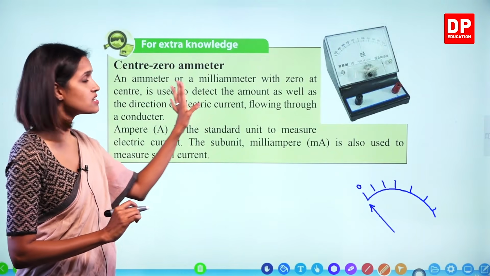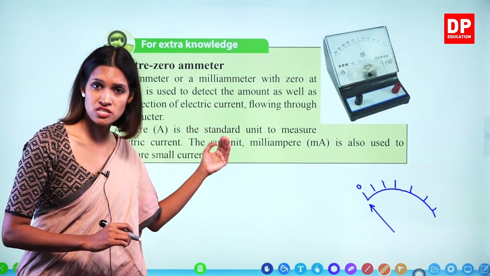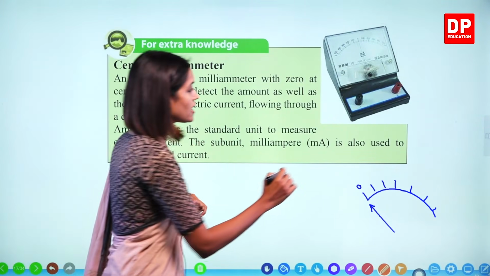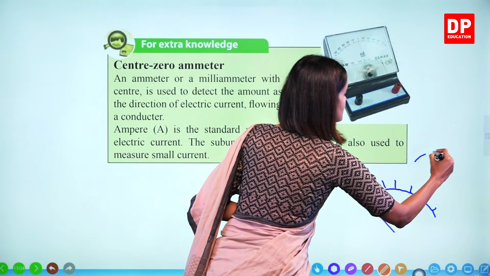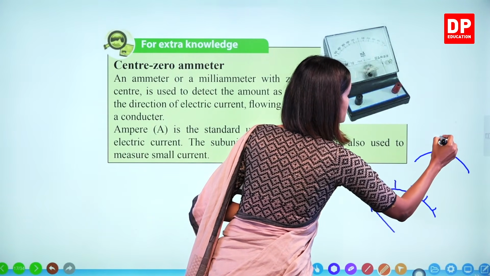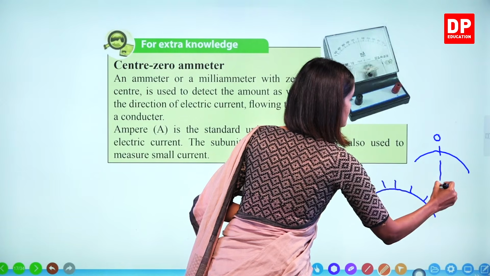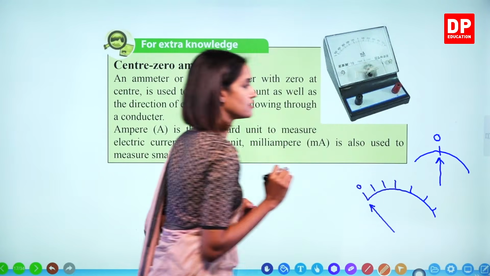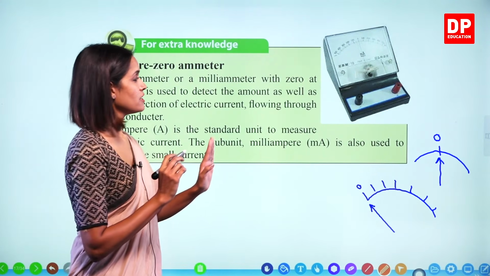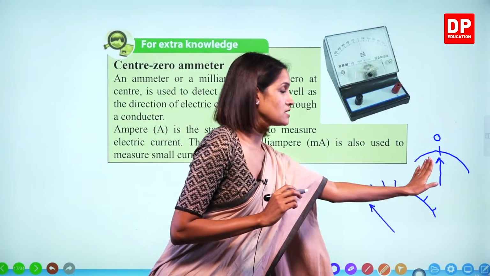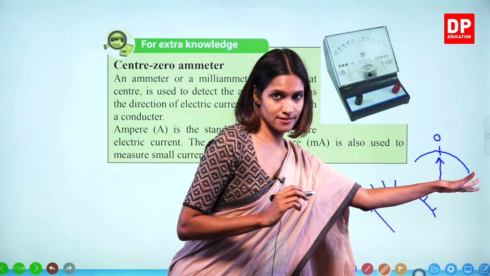What about the center zero ammeter and even center zero galvanometer? The indicator is present like this. 0 is present in the center.